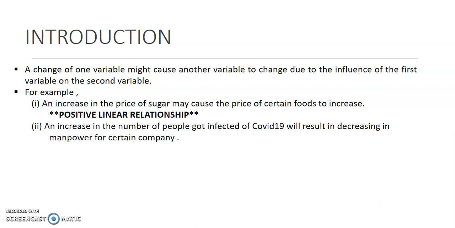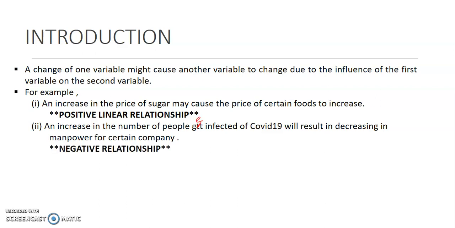Second example, an increase in the number of people infected with COVID-19 will result in a decrease in manpower for certain companies. So here, an increase in one variable will cause another variable to decrease. We can conclude that these 2 variables are in a negative relationship.